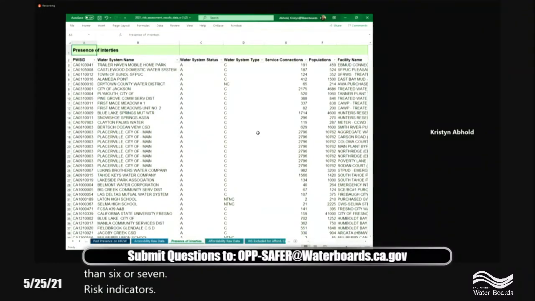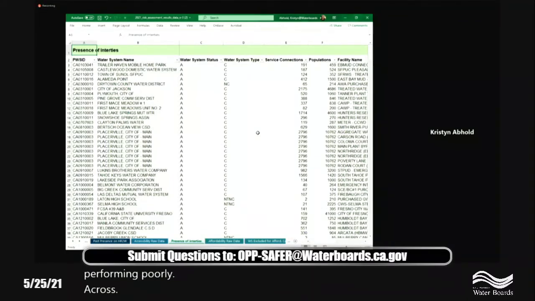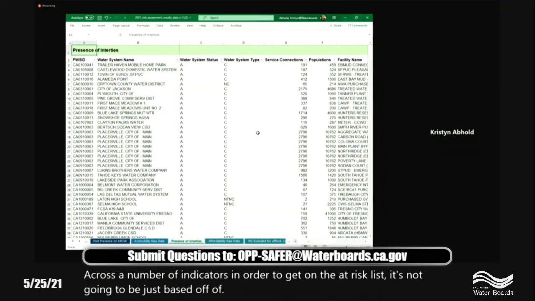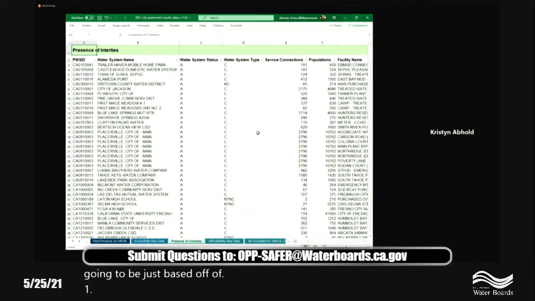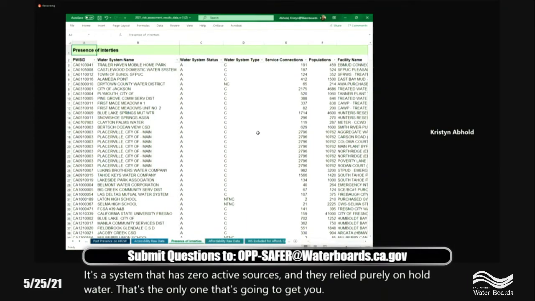So the water system really needs to be performing poorly across a number of indicators in order to get on the at-risk list. It's not going to be just based off of one risk indicator alone, unless it's a system that has 0 active sources and they rely purely on hauled water. That's the only one that's going to get you automatically on the at-risk list.